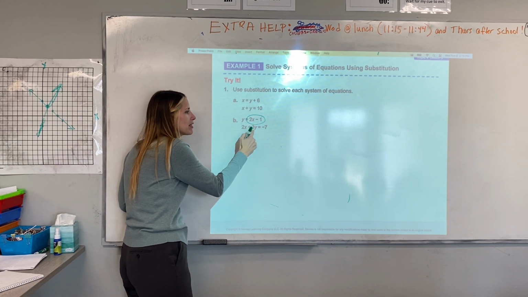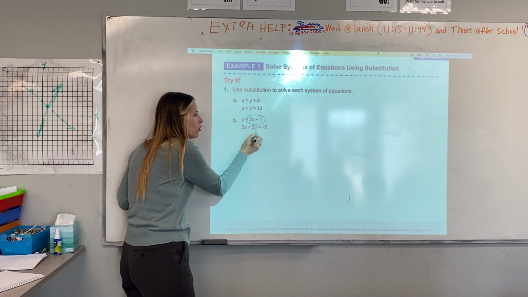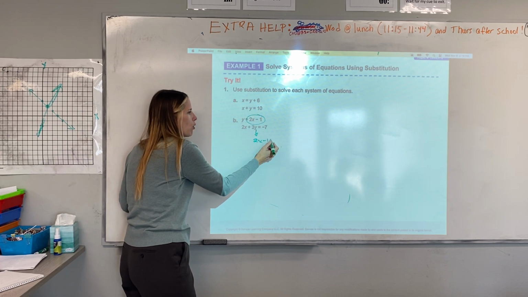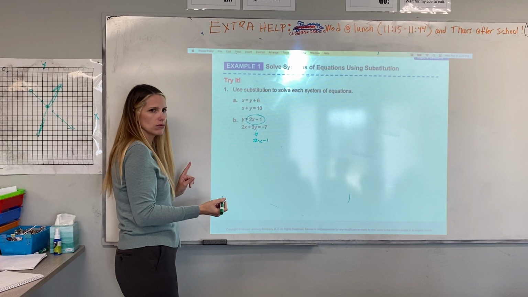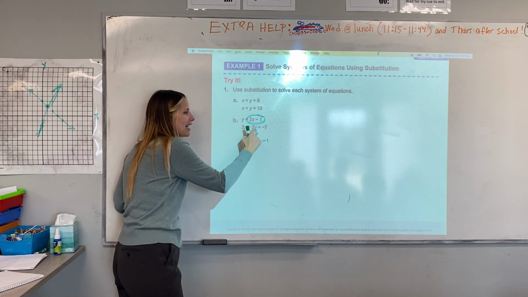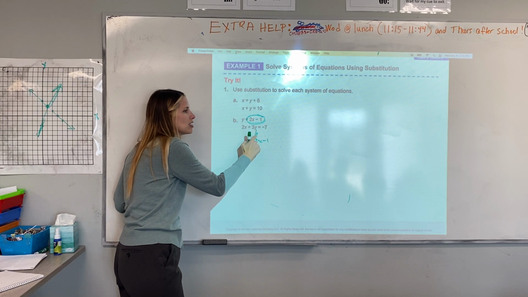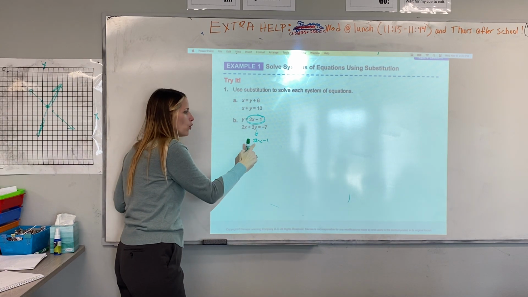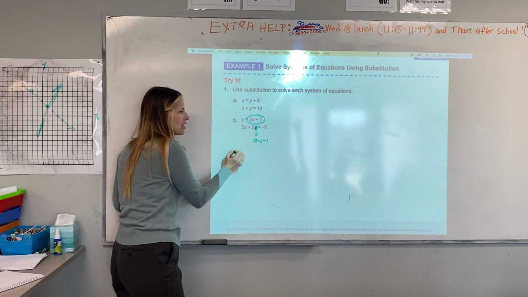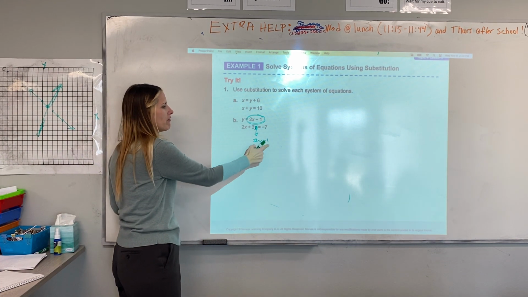But I can replace this y with this entire expression, 2x minus 1. It says y equals this, so I'm going to take this y and replace it with this expression, so that I can get rid of this excess variable and just have my x variables.